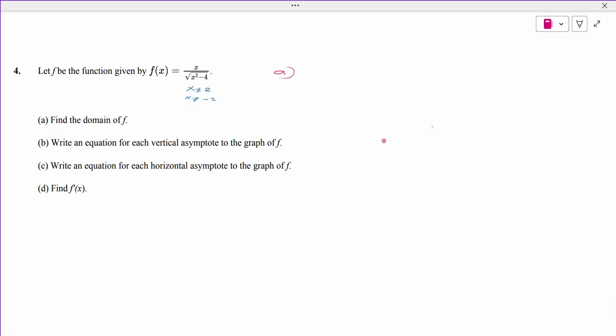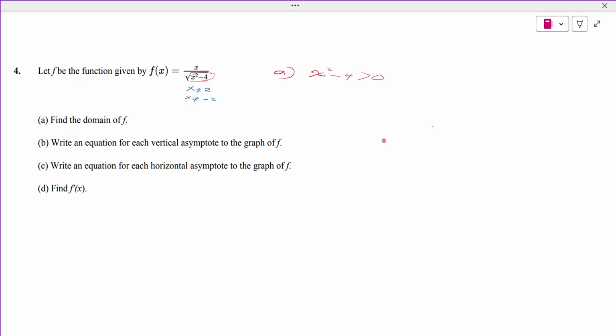For part A, you need to make sure that this amount is positive, because the square root of any negative value is undefined. This quantity is positive and cannot be 0, because again, we don't want the denominator to be 0. So we need x squared minus 4 to be bigger than 0.